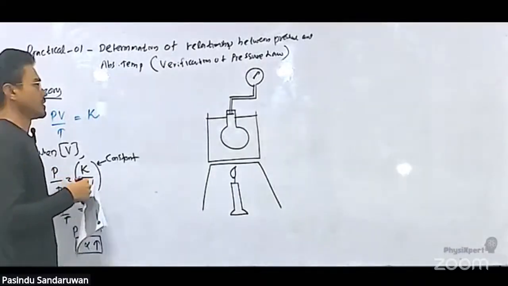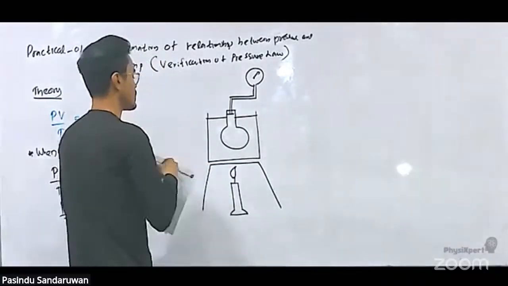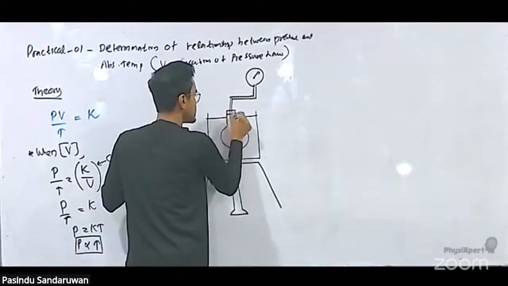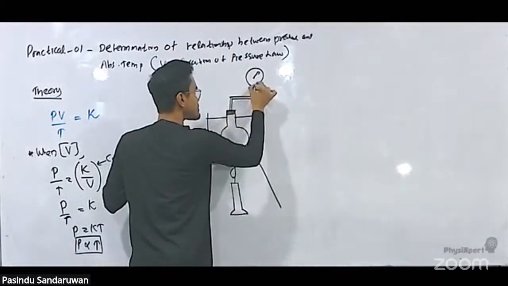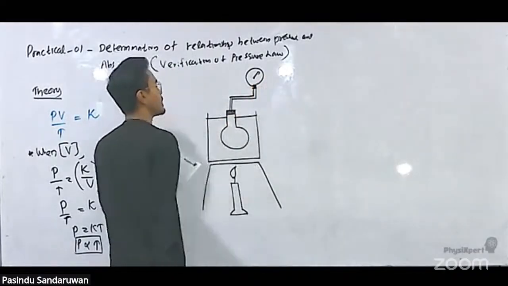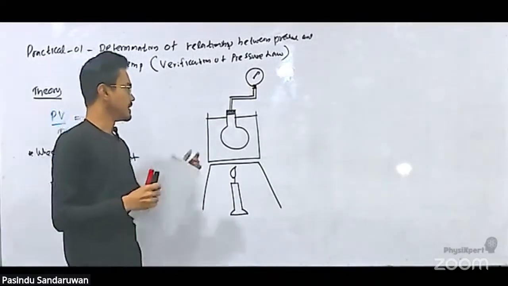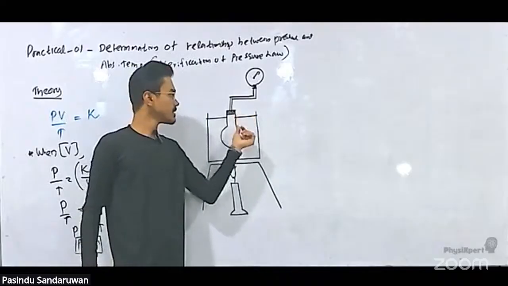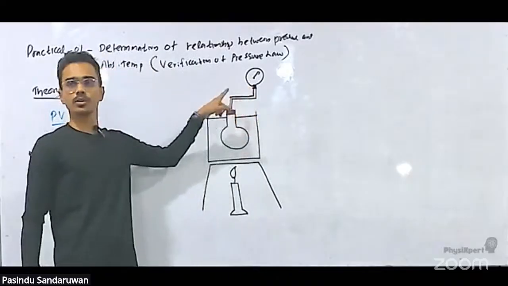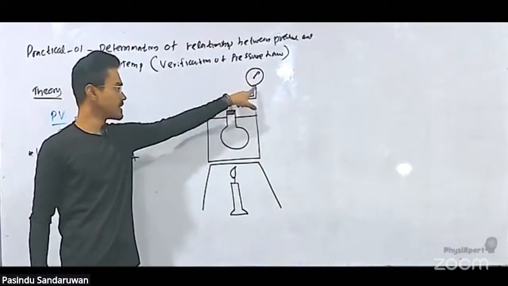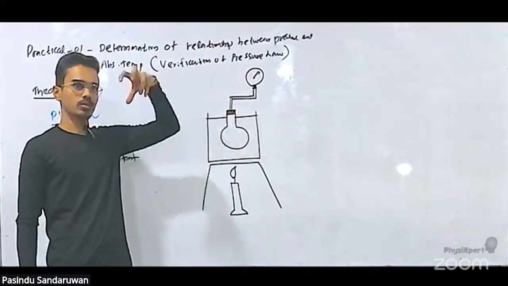Now, simply what we are going to do here is this. Inside this round bottom flask, if we are not opening from this point, there's a constant amount of gas inside.